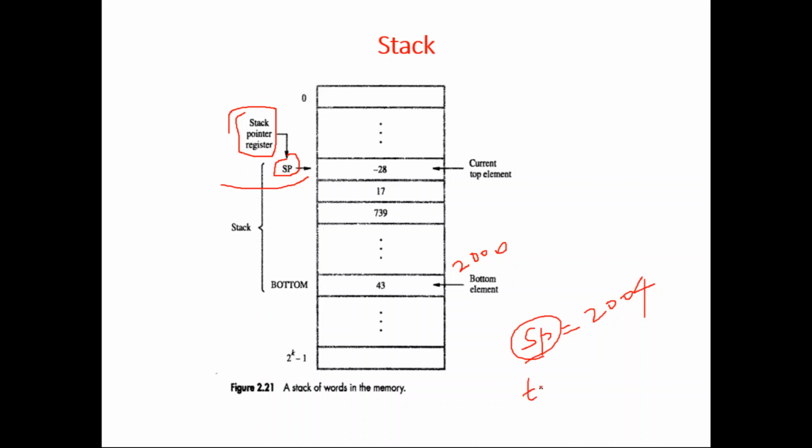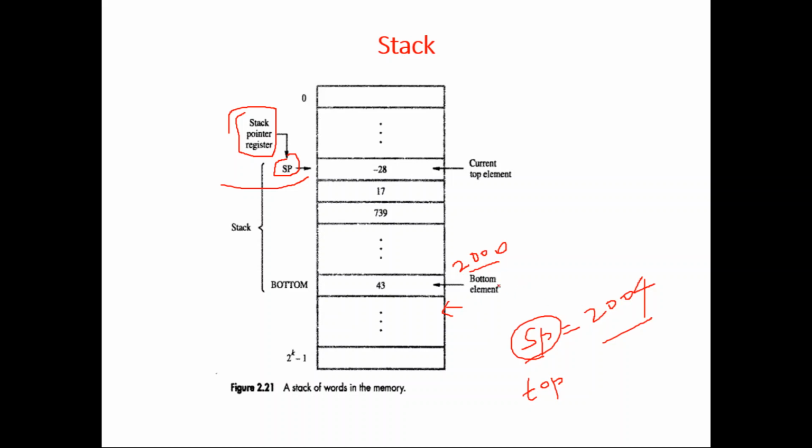In the microprocessor itself, there is a pointer called the stack pointer, a special purpose register which will always point to the top of the stack. When the stack is empty, SP will hold 2004, because the address below 2000 is 2004. Each location is a 4-byte word, so it will hold 2004, right?